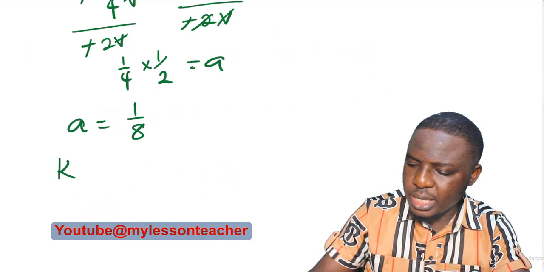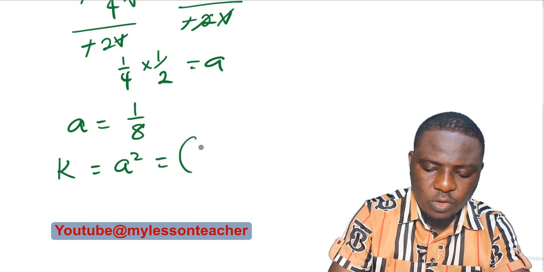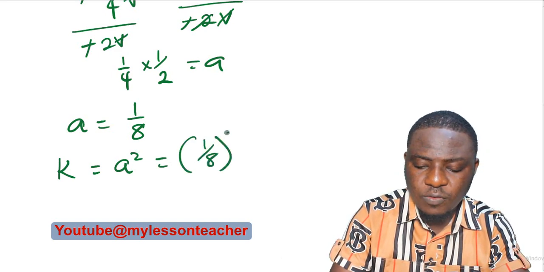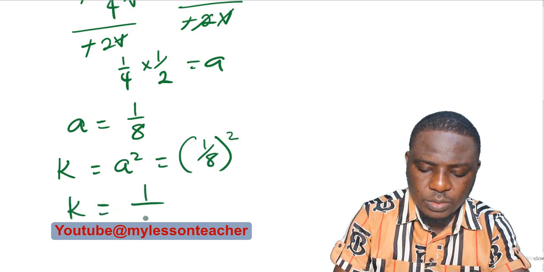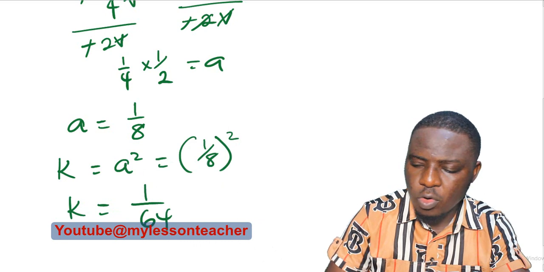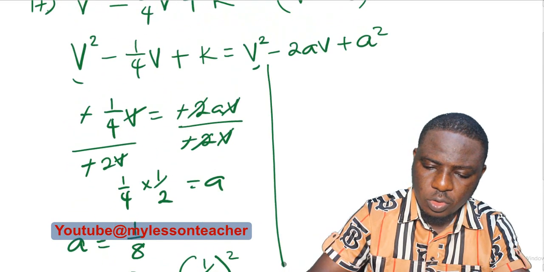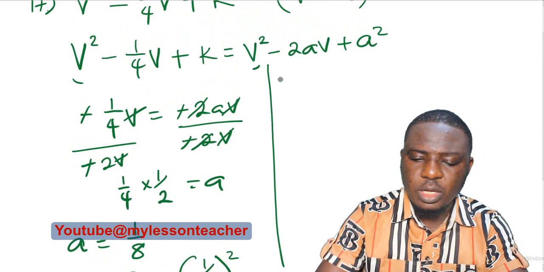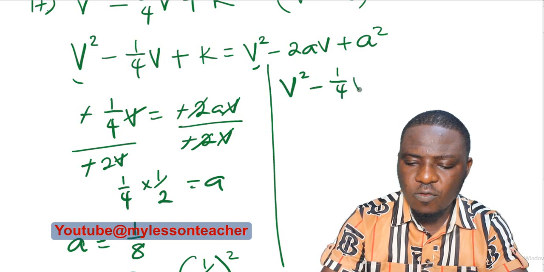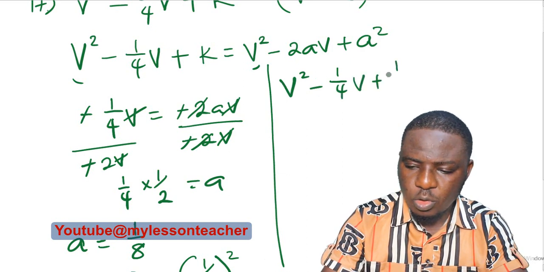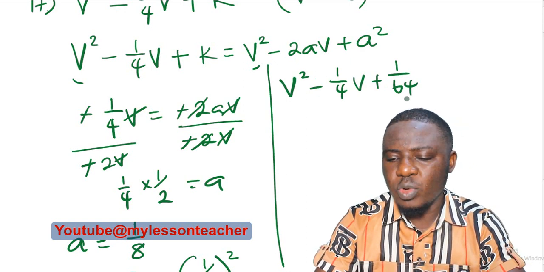So what about our k? Our k is said to be equal to a squared. And if a is 1 over 8, so a squared becomes 1 over 8 all squared. That is, k is said to be 1 over 64. So 1 over 64 is that term that must be added to this to make it a perfect square. So let's factorize it. You have v squared minus 1 over 4v plus 1 over 64 to make it a perfect square.